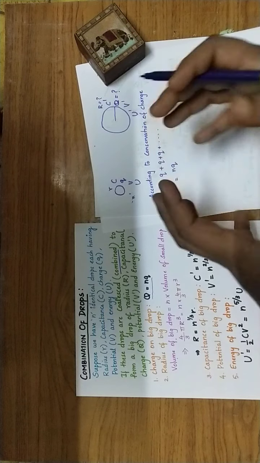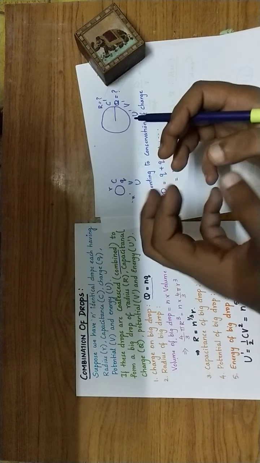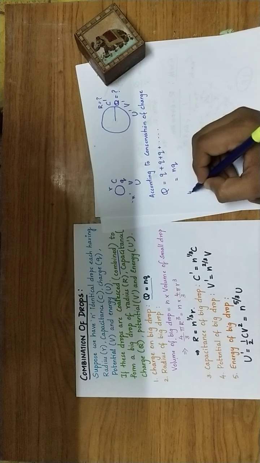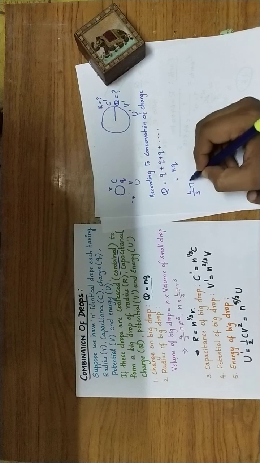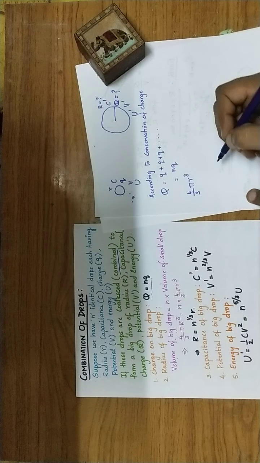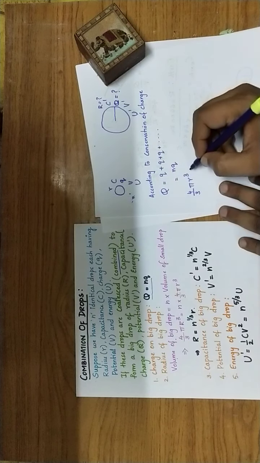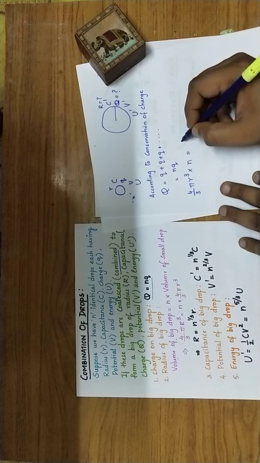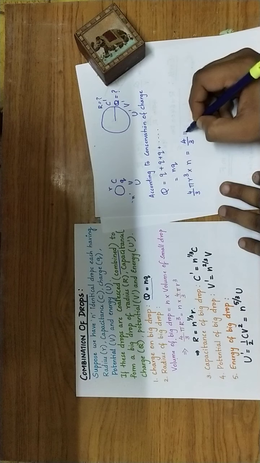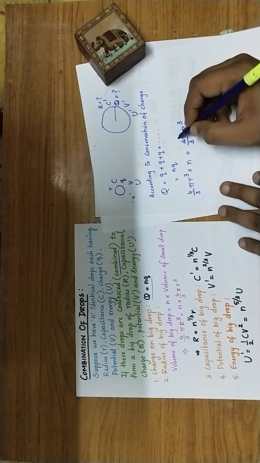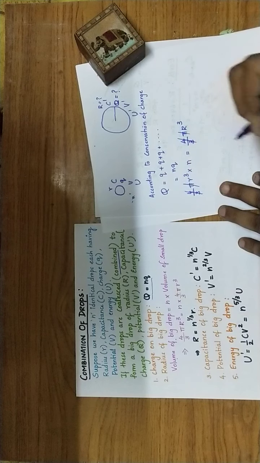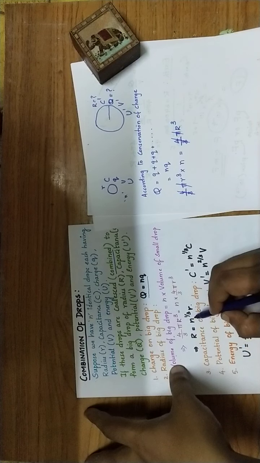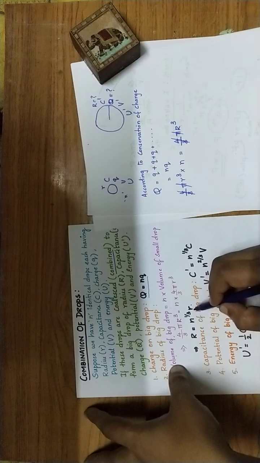If each drop's volume is 4 by 3 pi small r cube, because it is spherical in shape, and there are n drops combined to give a big drop whose volume is equal to it, then 4 by 3 pi gets cancelled. Therefore the radius of the big drop is n power 1 by 3, or cube root of n, times small r.